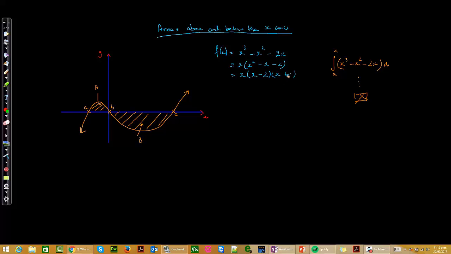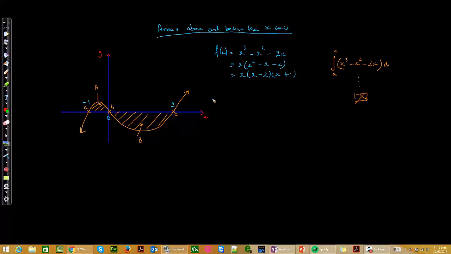And if you think about the roots, i.e. the x-intercepts, that would be at 0, 2, and negative 1. And yes, I realise the scale of this isn't quite right. So that'll help us to get the limits, these values here, on our definite integral.